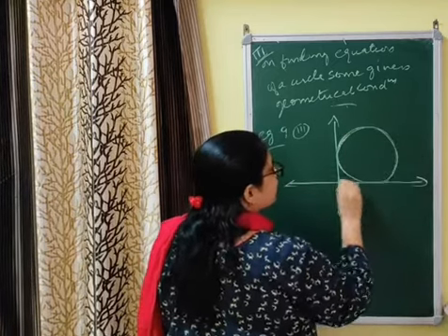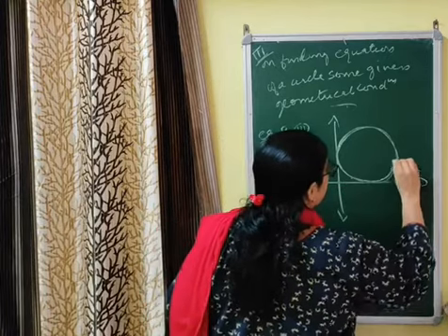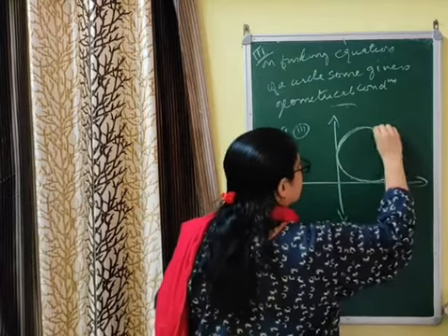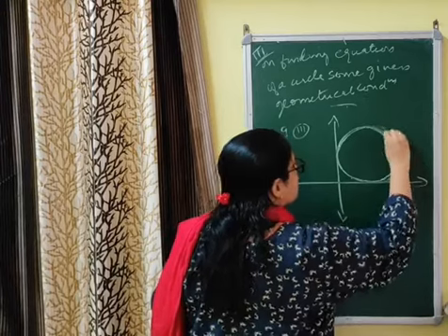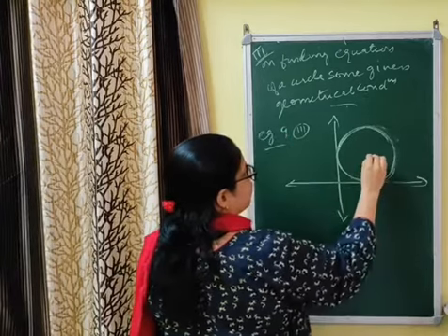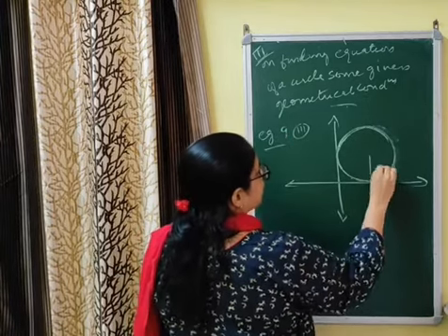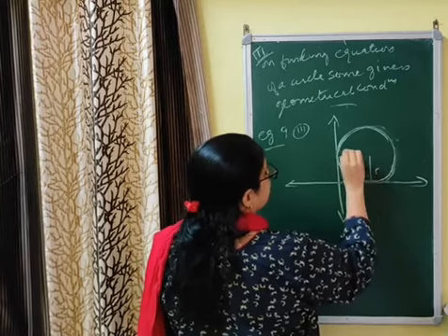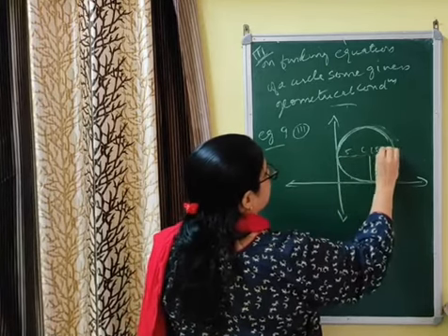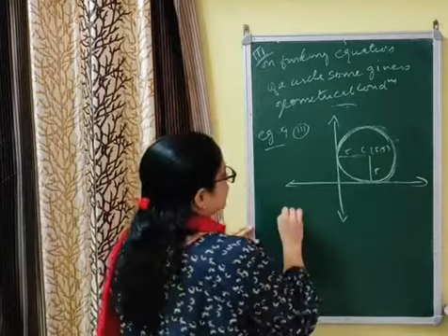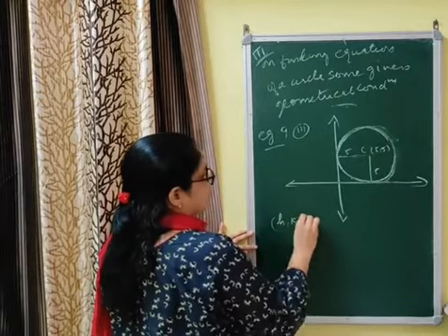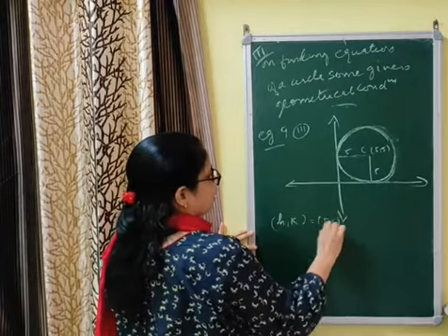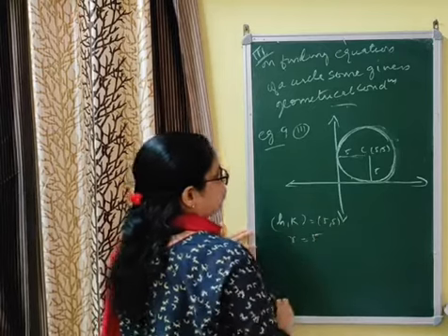This is the circle, let us assume. Since the radius is 5, this is 5 and this is also 5. So the center becomes (5, 5). Now in the central form, (h, k) is equal to (5, 5) and the radius is 5.